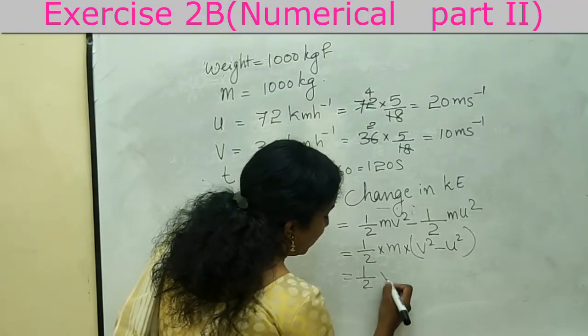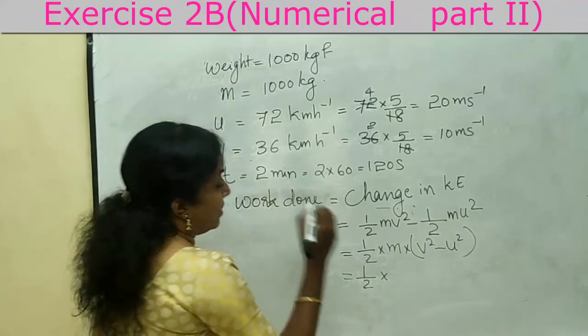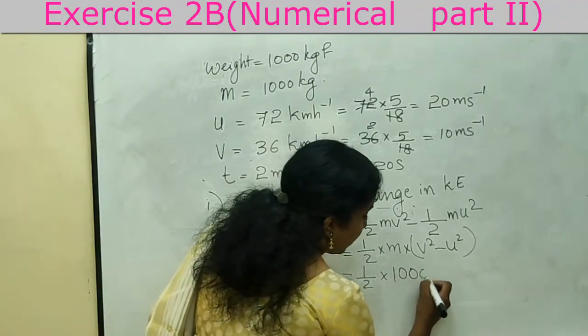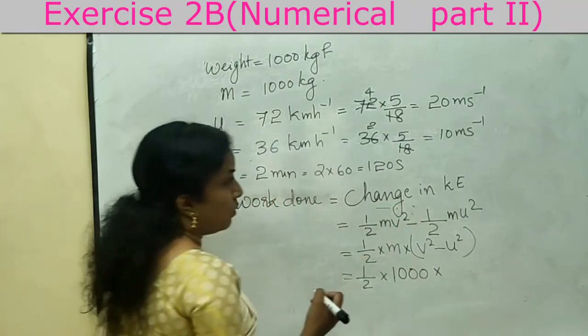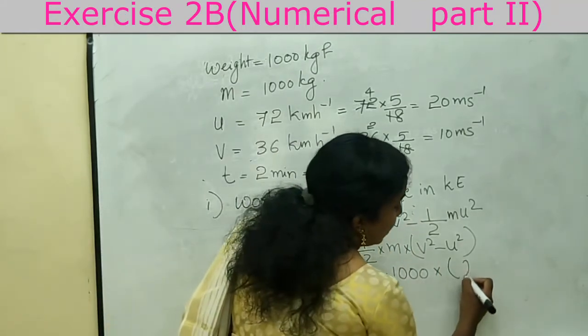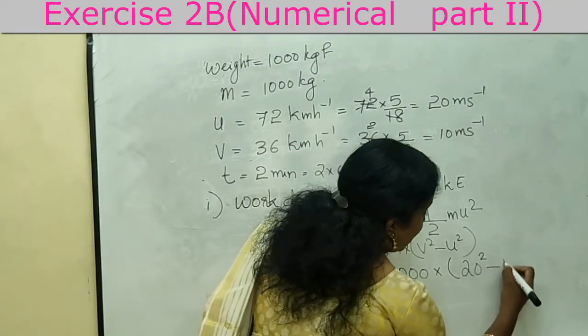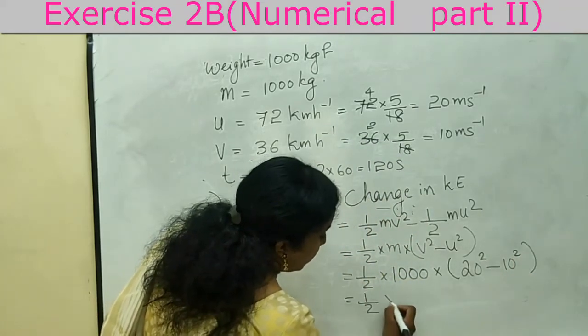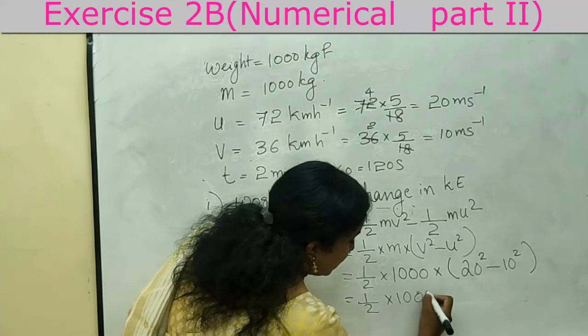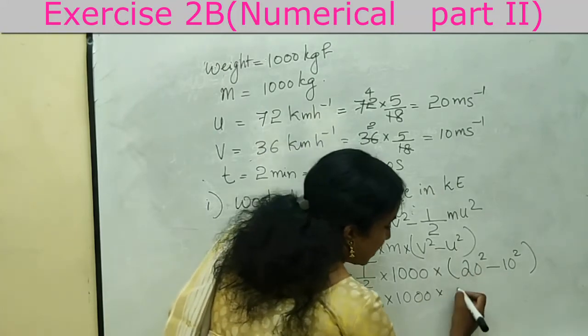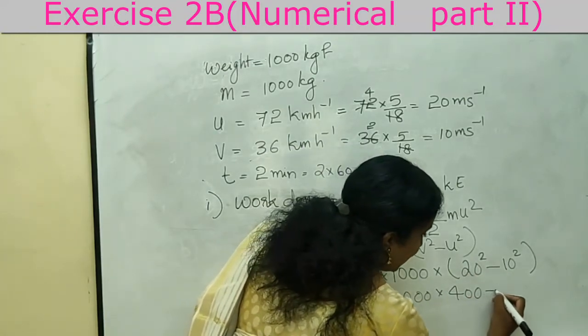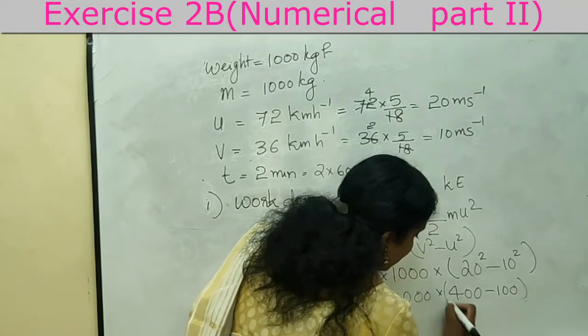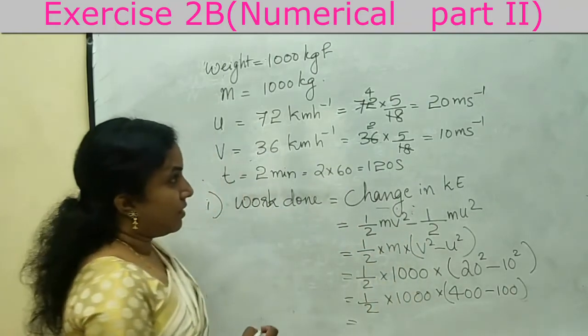So 1 by 2 into mass is 1000 into v square is 20 square minus 10 square. So it is 1 by 2 into 1000 into 20 square is 400 minus 100. So it is 300.